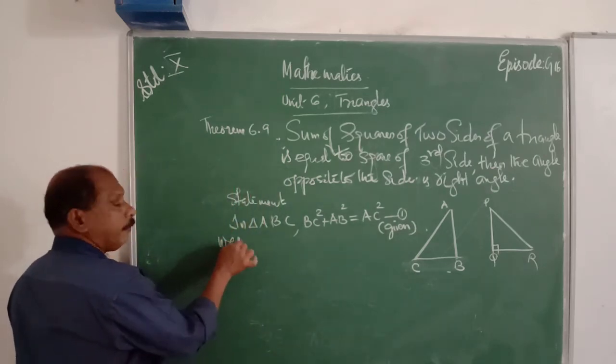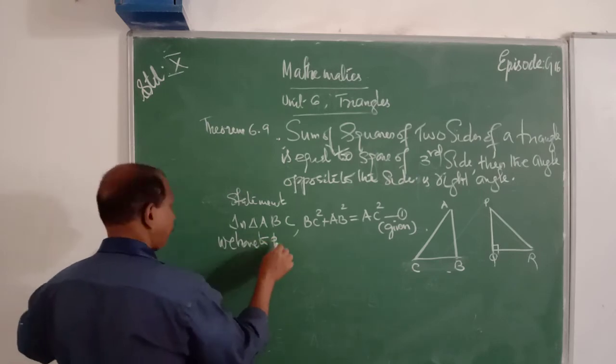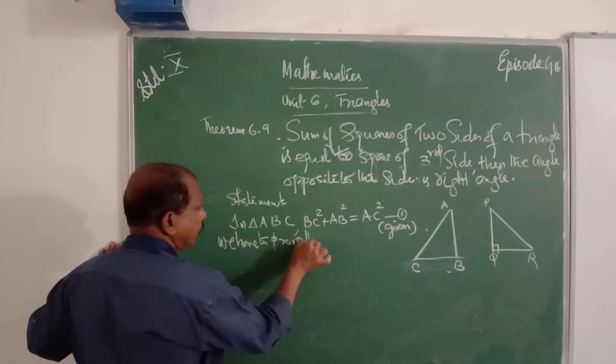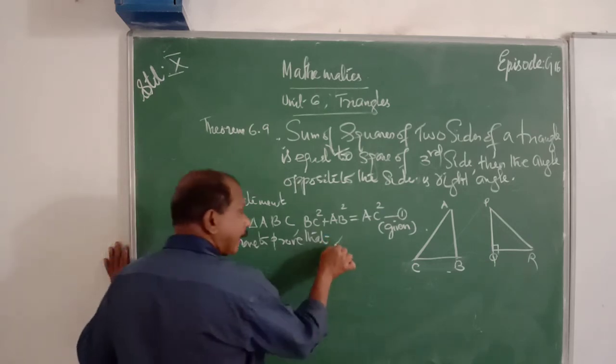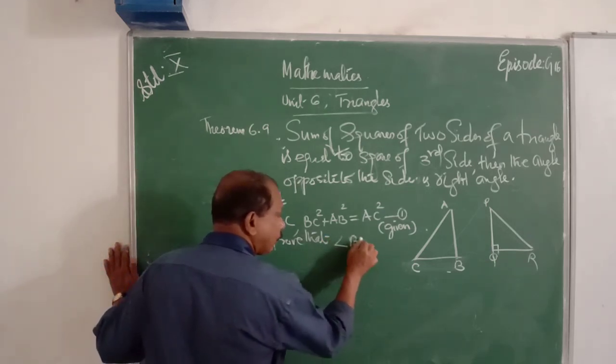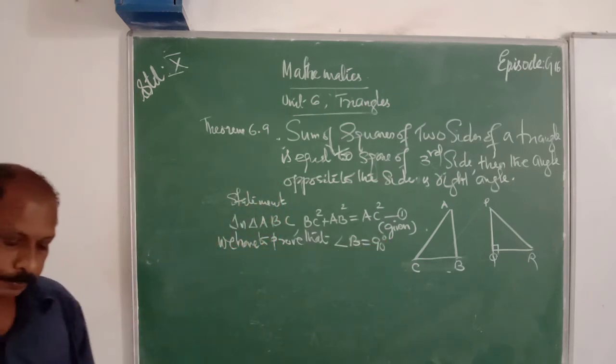Then we have to prove that angle B is equal to 90 degrees. That is our proof.